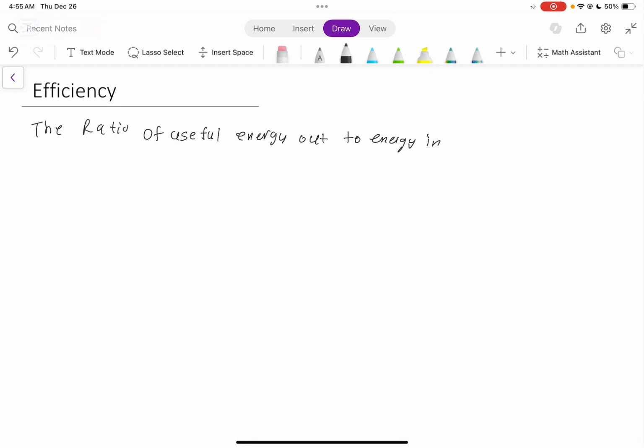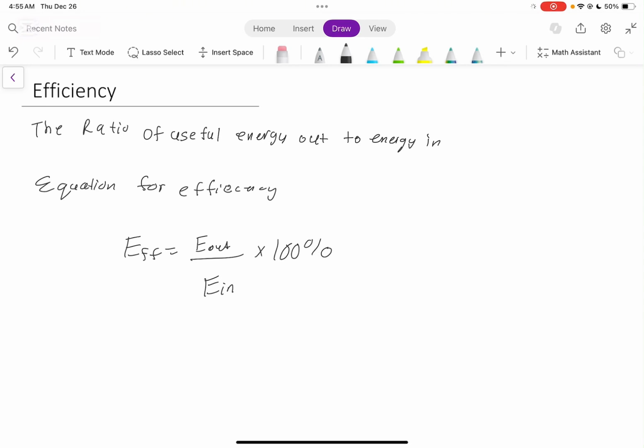So now that we understand that basic concept of where efficiency is really used, let's find out the equation for efficiency. It's simple. EFF is equal to E out divided by E in, times 100%.